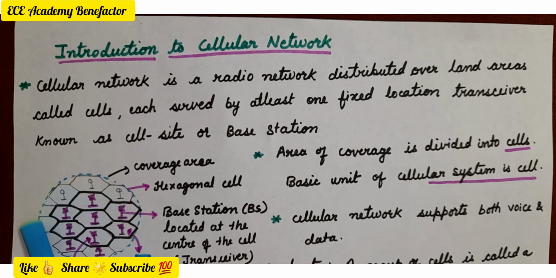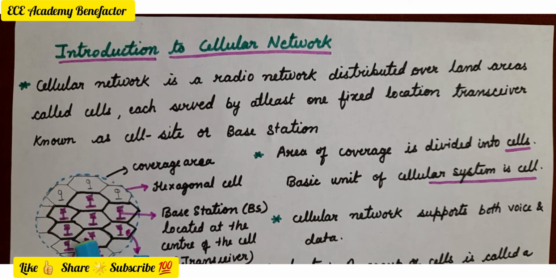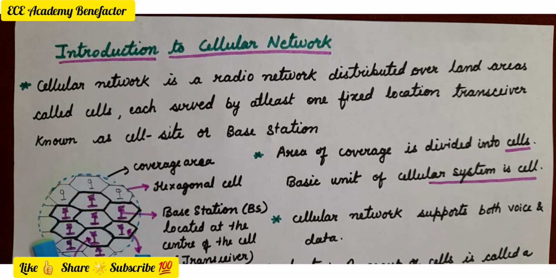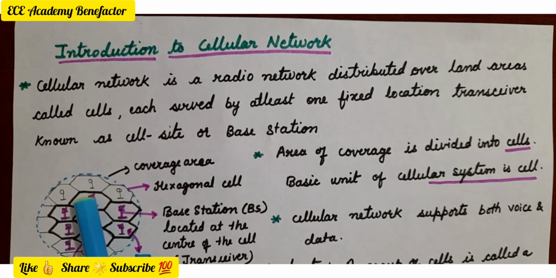So here this coverage area is divided into cells of hexagonal shape, and at the center of each cell a transceiver is placed, which is shown by a tower here, which is known as the base station. So the coverage area is divided into cells, and in each cell there is a base station, BS.